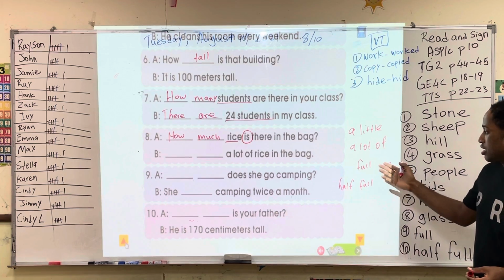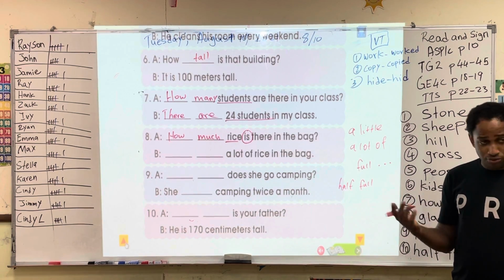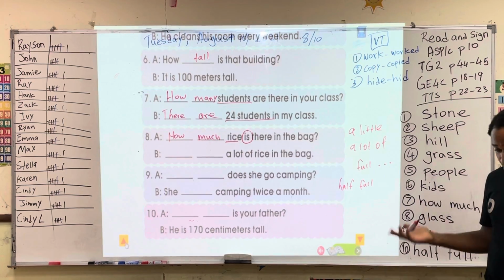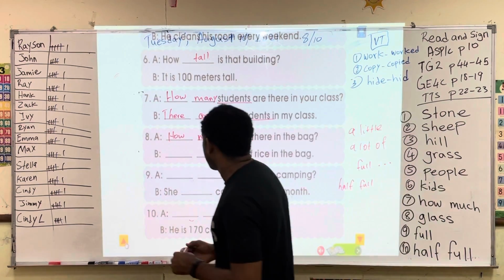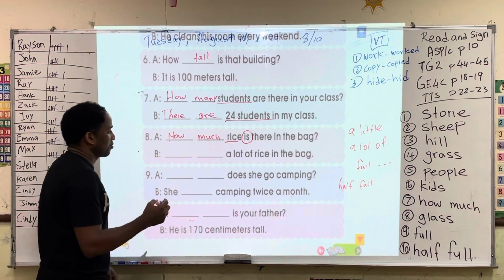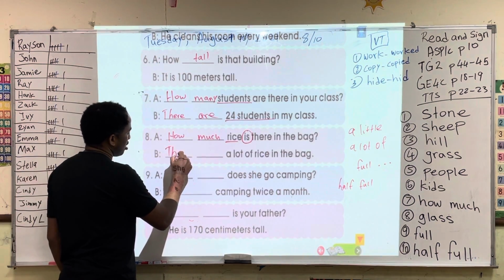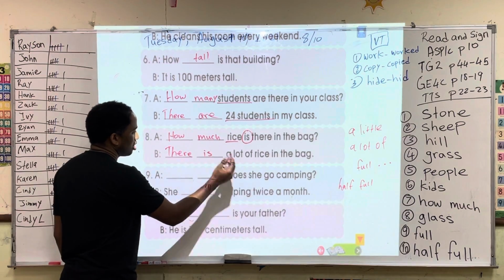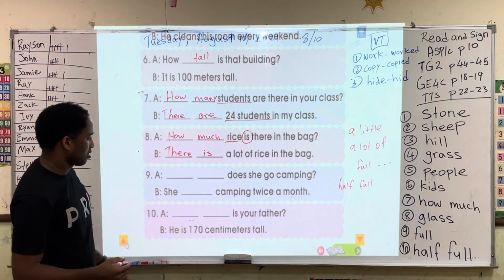The glass is full, or you can say the glass is half full. Good. So now, how much rice is there in the bag? There is a lot of rice in the bag.